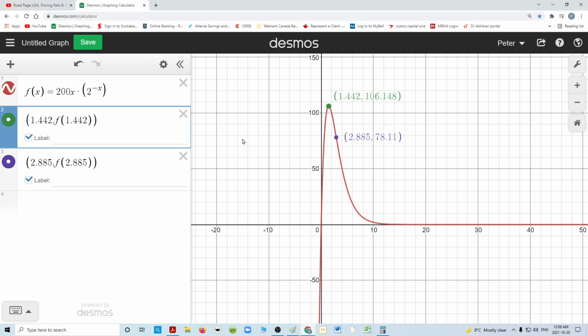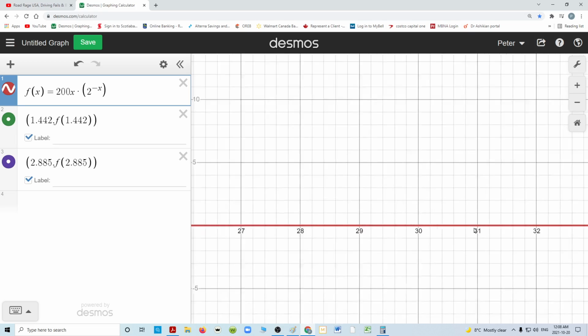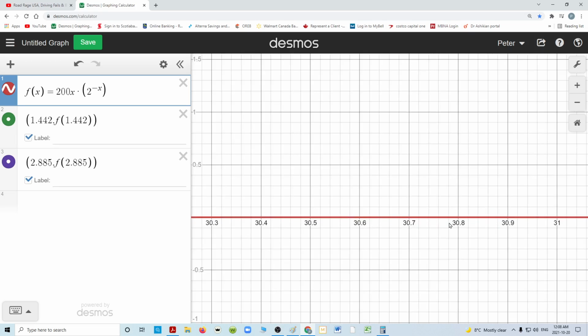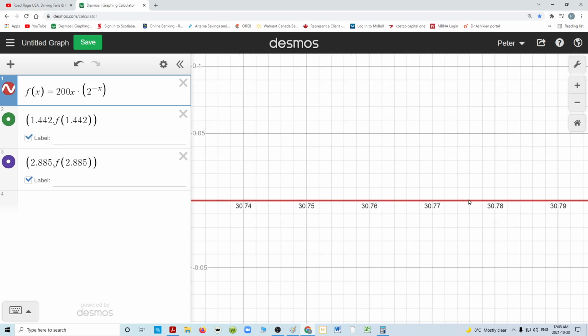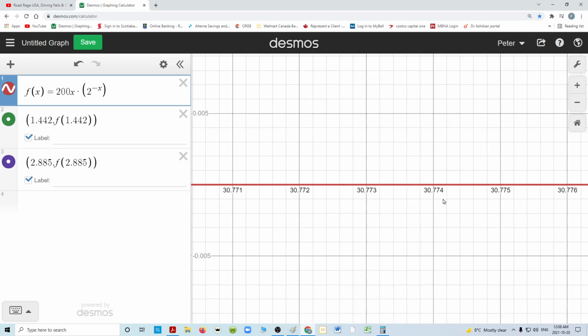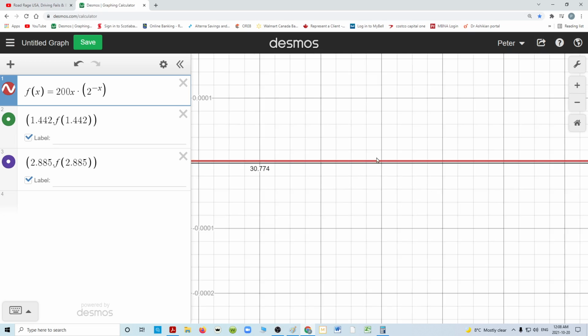And that will be the max point. And notice the door never shuts. Yeah, it looks like 0 there, but zoom in. It can never really reach it. See, no matter what, it's never going to reach it.